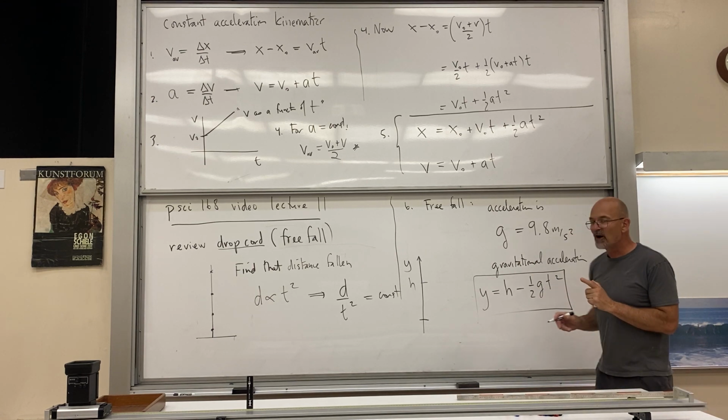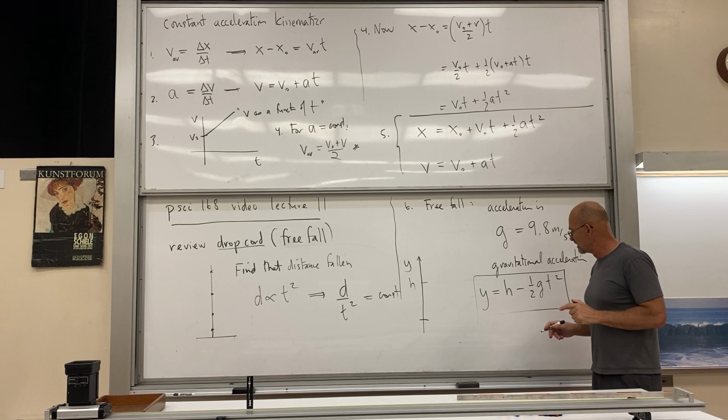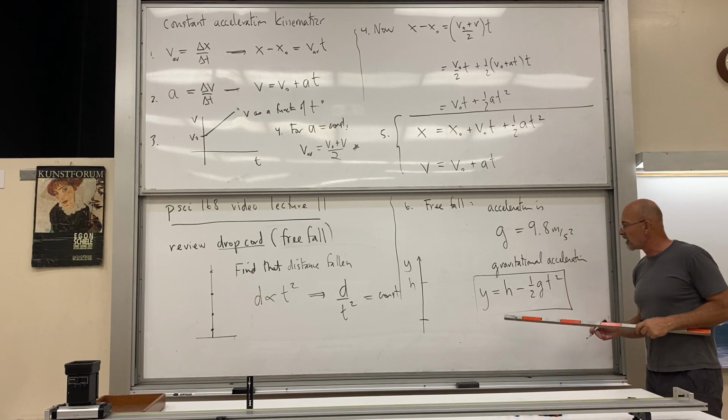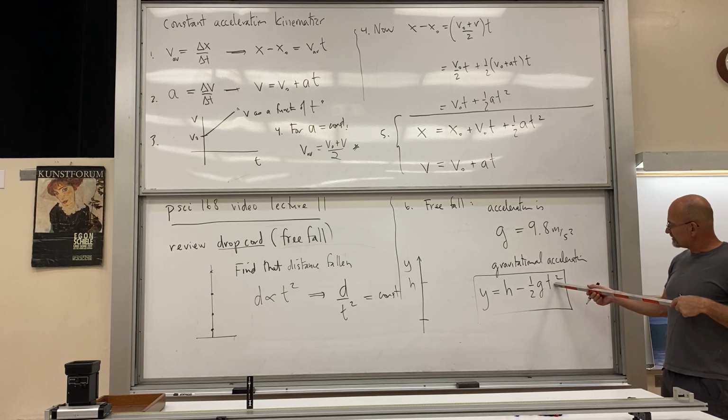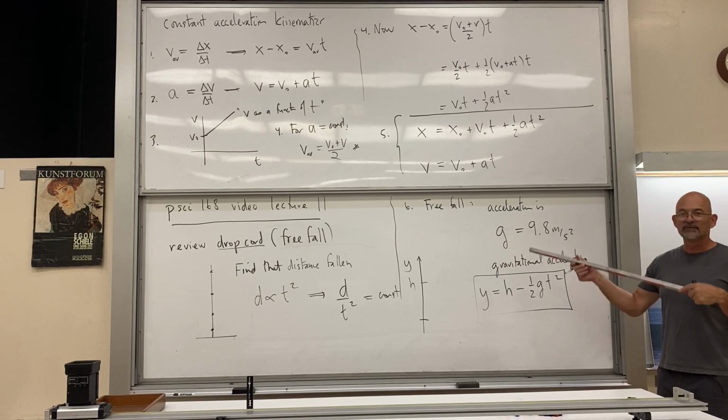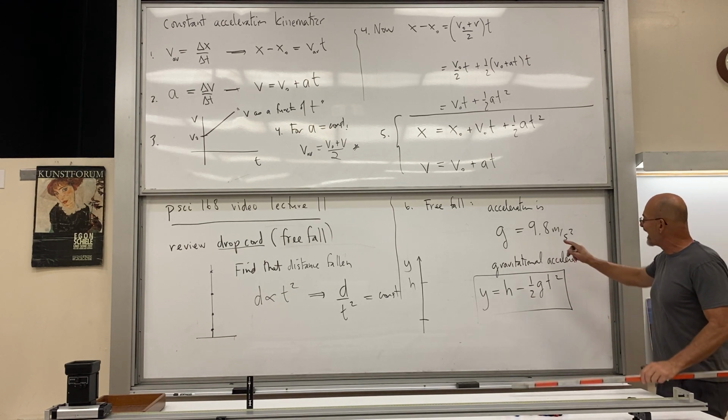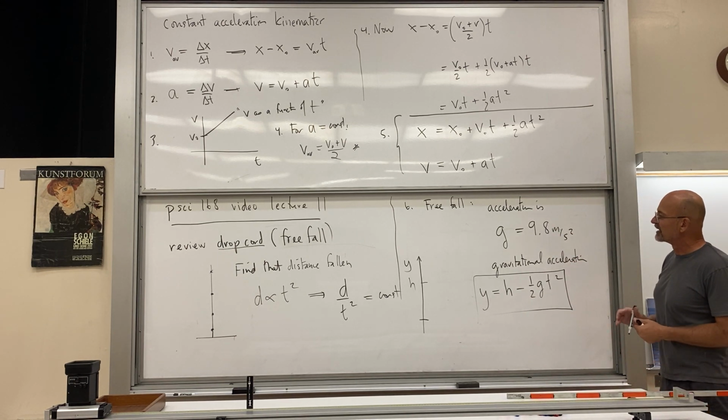So the question is, how far does something fall? Say you start at a height h. How far does it fall after 1 second, after 2 seconds, after 3 seconds? Now that we have this number, we can evaluate that.